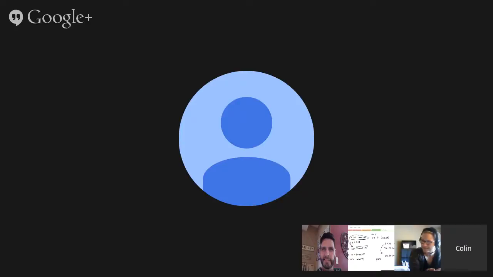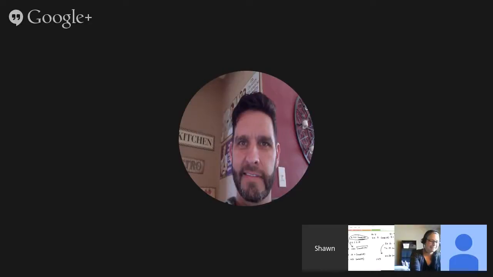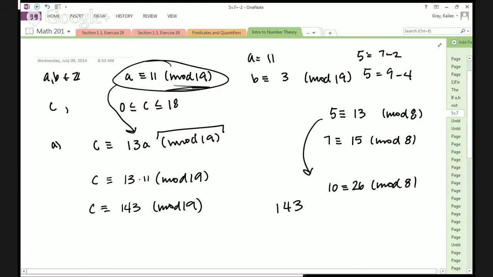As long as their mod is the same, they can absorb each other, I guess. You're on the right track. Yeah, they've got the same mod, so we can combine equations. It's like 5 equals 7 minus 2, and 5 equals 9 minus 4. So then I can say 7 minus 2 is equal to 9 minus 4, kind of is what I'm doing.